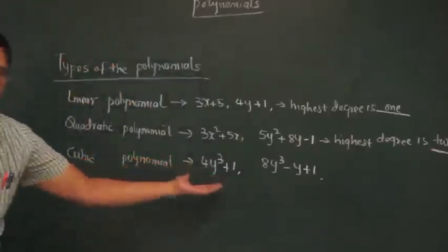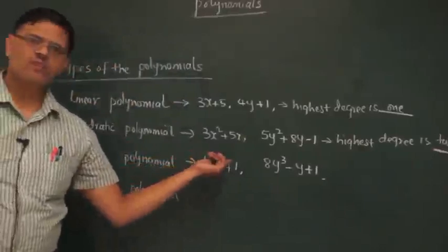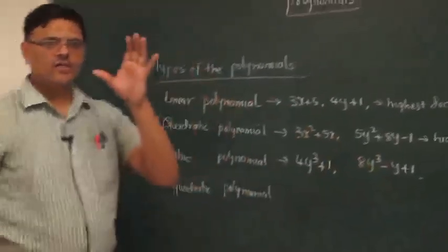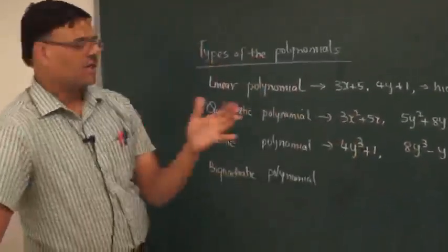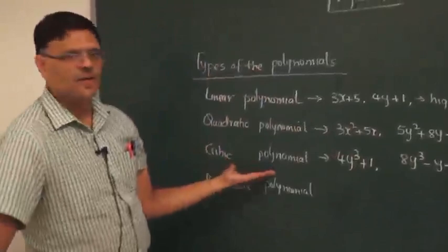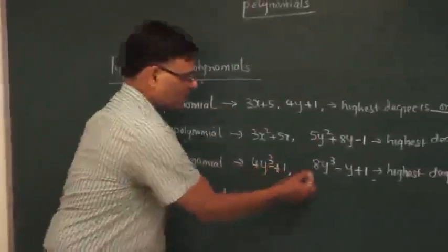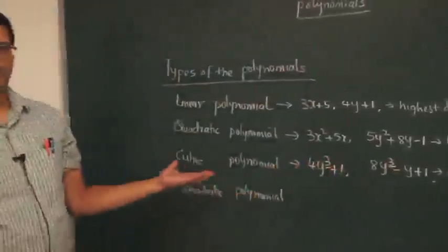What is the highest degree? Here it is 3. Here also highest degree is 3. Therefore, this type of expression in which highest degree is 3 is called a cubic polynomial.